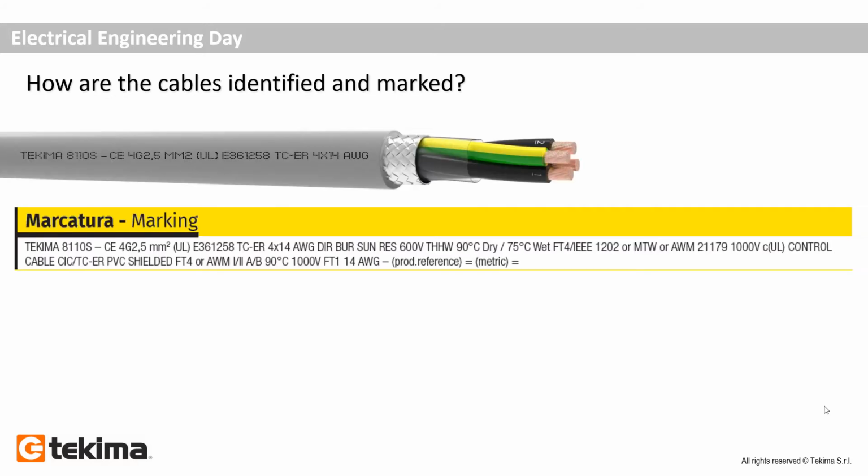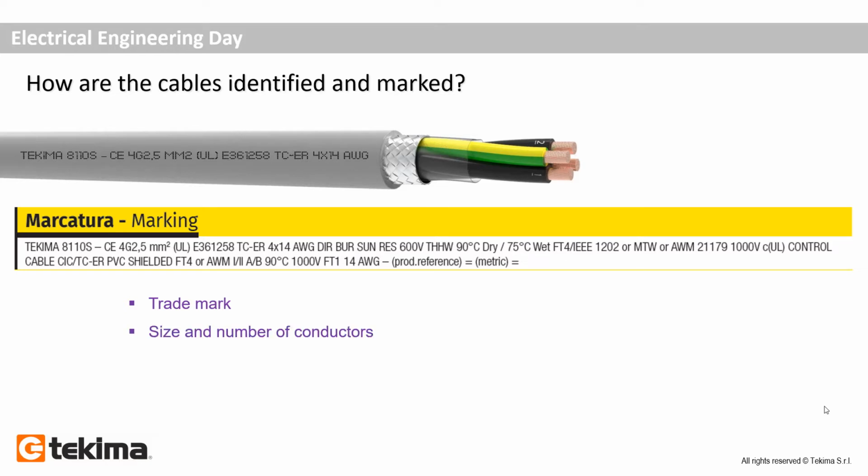Let's see. It's important to say that contrary to Europe, cable markings in USA and Canada are strictly regulated. Some indications are mandatory, while others are optional. Any additional requirement must, however, be tested if printed over the cable. This is an example of marking for Tekima cable.